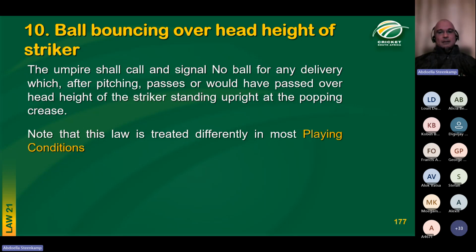You'll see the striker's end umpire showing wide, and the bowler's end umpire will then signal wide to the scorers and show one for the over. So according to the laws of cricket, it's actually a no ball, but in many playing conditions for many competitions across the world, it is a wide ball, and the playing conditions override the law for those particular competitions.